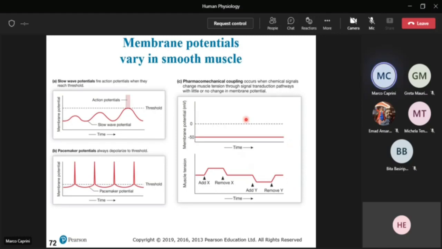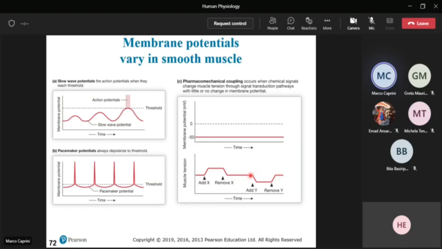But remember, chemicals may also, like in panel C here, relax the smooth muscle tension without a change in membrane potential.